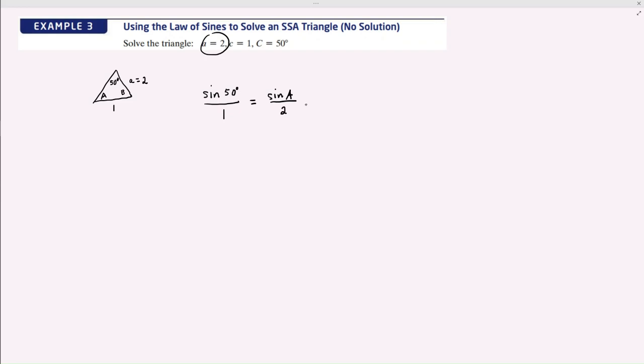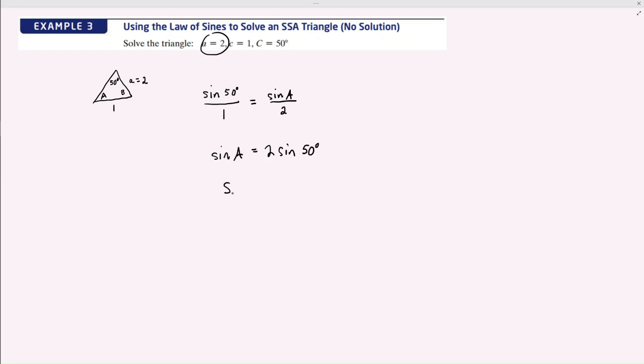All right, so what are we missing here? We can only have one unknown if we wish to solve an equation. What we don't know is the sine of A, but if we cross multiply this, we get 1 times the sine of A is equal to 2 times the sine of 50 degrees.